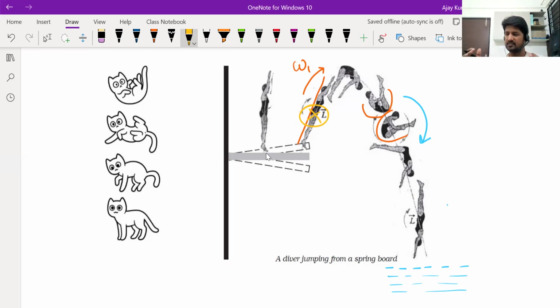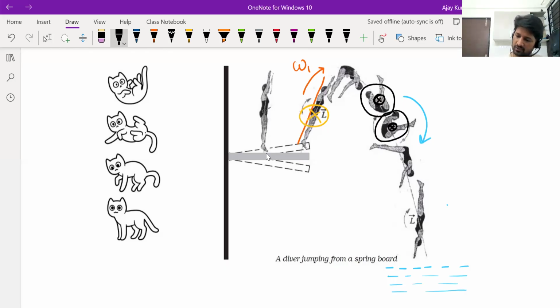When the diver bends and brings their arms and legs close, as you can see in the 4th and 5th diagrams, the center of mass will be somewhere here, and you can see that the mass is very close to the axis of rotation now. Even in the next diagram, the diver's body mass is quite close to the axis of rotation.